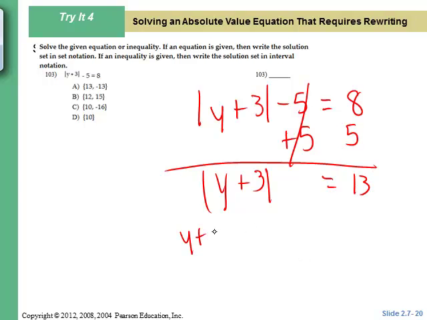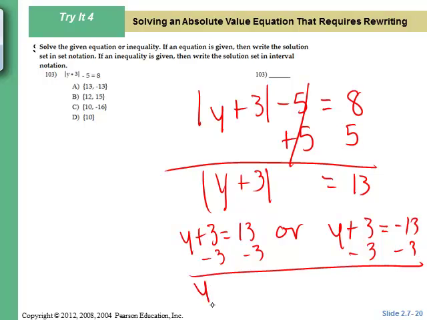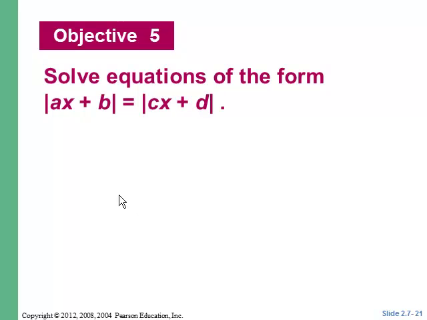So y plus 3 equals 13, or y plus 3 equals negative 13. Subtract 3 from each side, and we get y equals 10, or y equals negative 16. Pretty simple stuff. Let's see what the next one is.